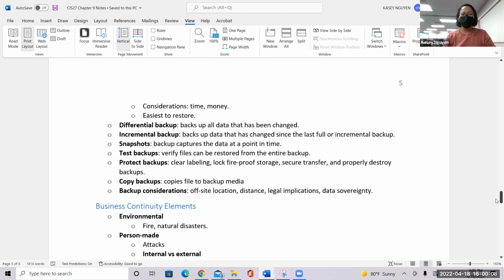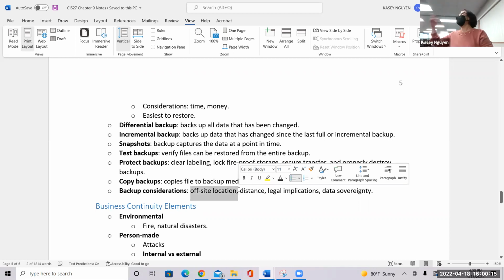Okay, here it talks about some considerations. Offsite location, cloud, or you also have to send your drive to a different location. There's a company, Iron Mountain, that's been in the business for as long as I've been in IT.